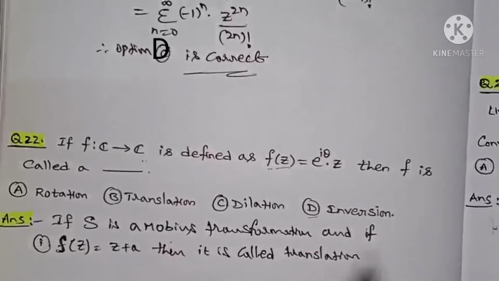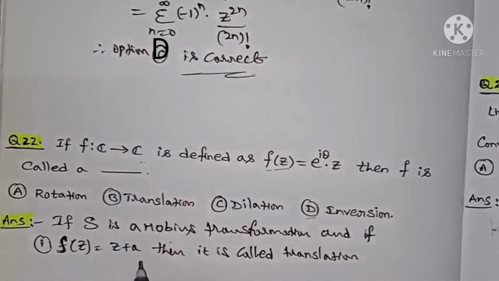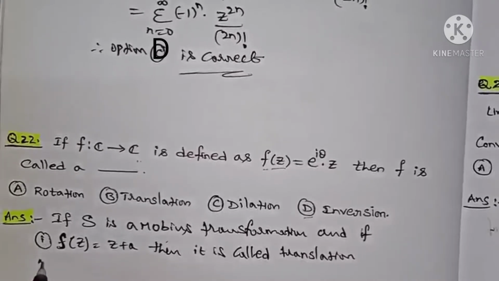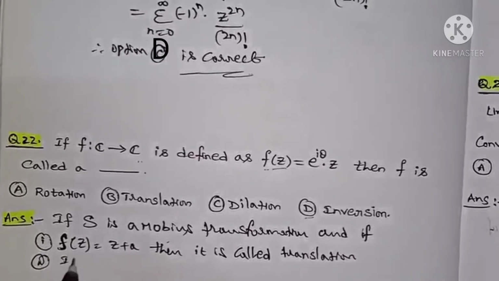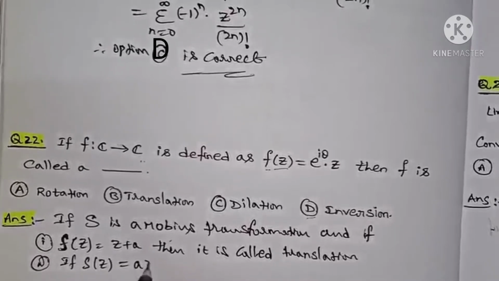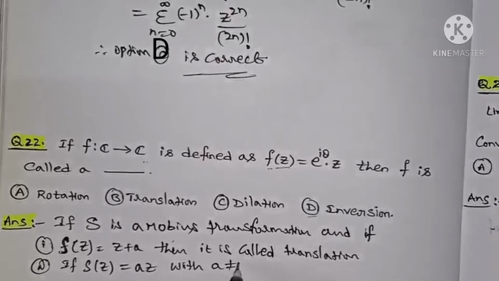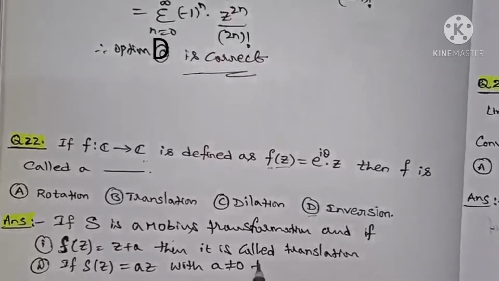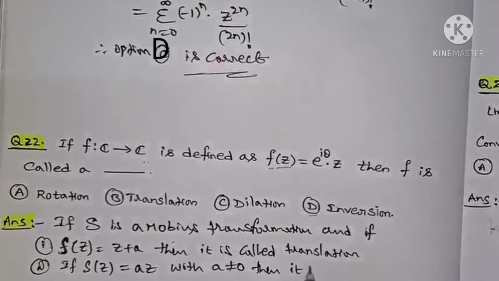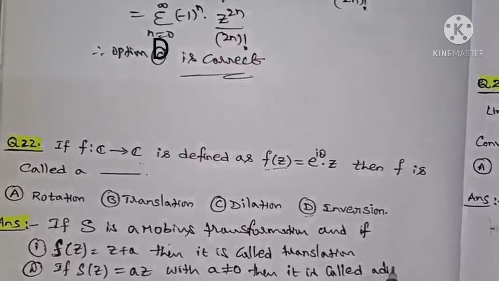If the given Mobius transformation is of the form S of z equal to z plus a, then it is called a translation. If S of z is of the form az with a not equal to 0, then it is called a dilation.